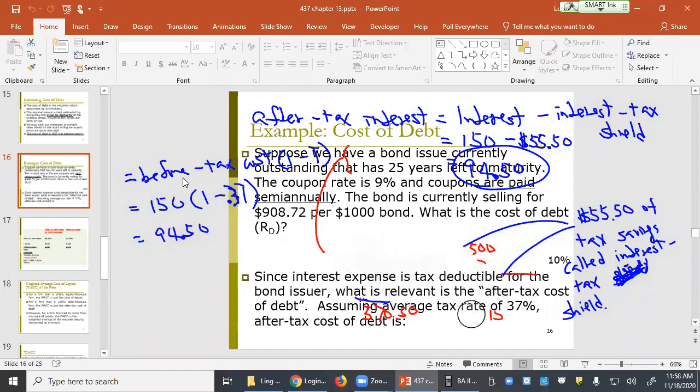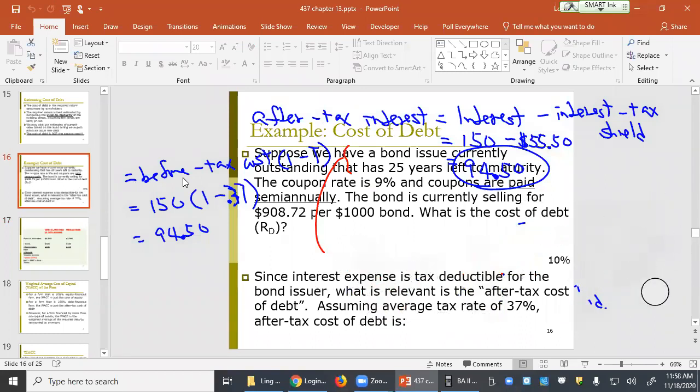So I'm going to delete this. Earlier, on slide number 15 in your case, we know that the cost of debt is 10%, or the YTM, also known as yield to maturity. Since the marginal tax rate is 37%, let's find the after-tax cost of debt.